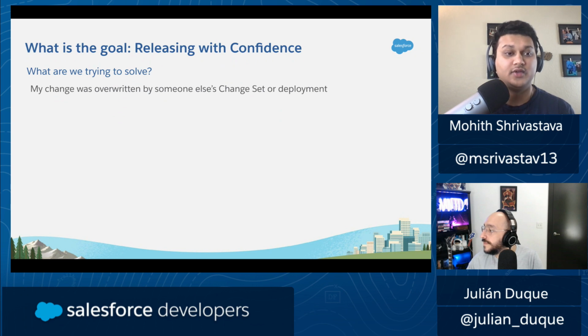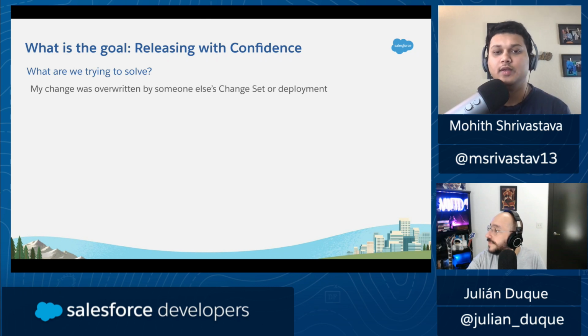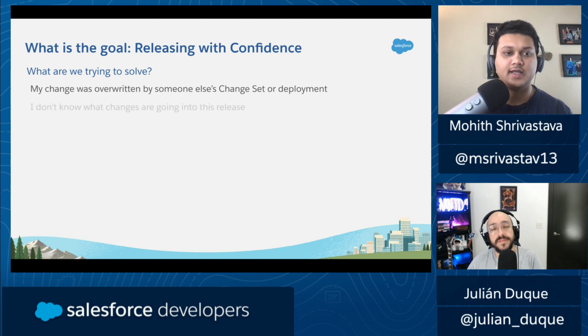If you have a process and continuous integration, these things will be less. There are fewer chances of getting into this sort of problem of code being overwritten, because you're tracking everything.